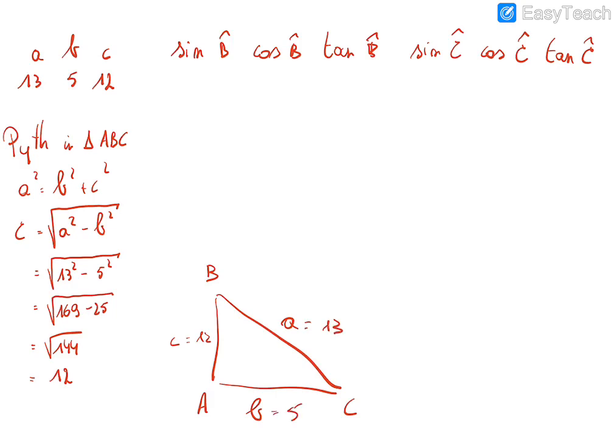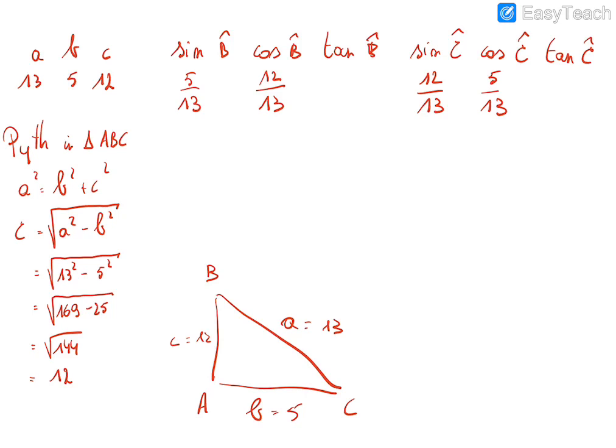So for the sine, we have opposite divided by hypotenuse. So that is 5 divided by 13. While you're writing this, you know that the sine of B is equal to the cosine of C, so you can simply copy this. Cosine of B is adjacent divided by hypotenuse. Cosine B is equal to the sine of C, 12 divided by 13.